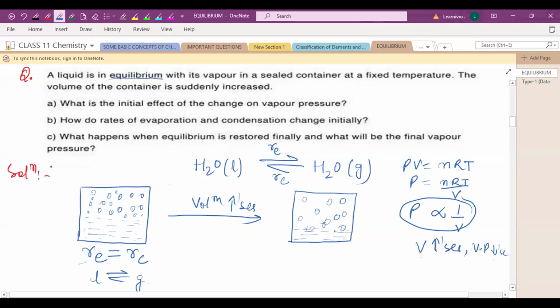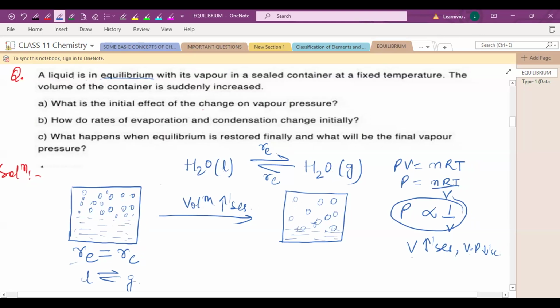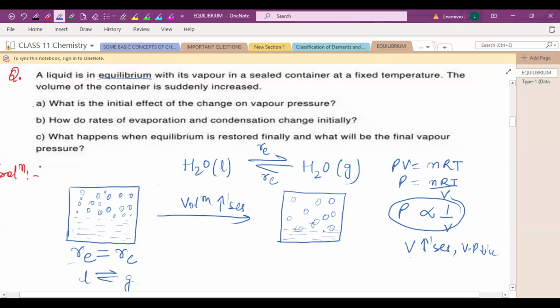We are just talking about the container, where the vapor pressure will decrease. Now the first question: what is the initial effect of the change on vapor pressure? The first answer you can write: the vapor pressure decreases. Just a second, from here, write down the answer.